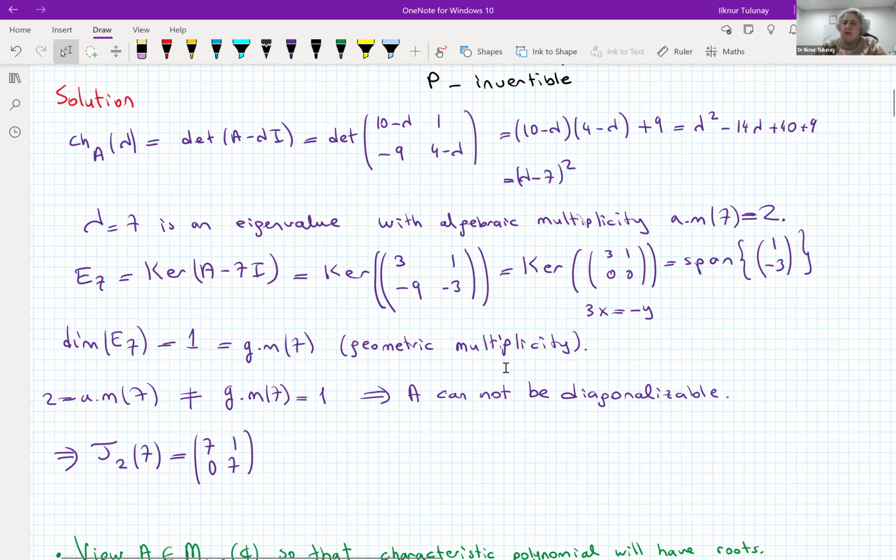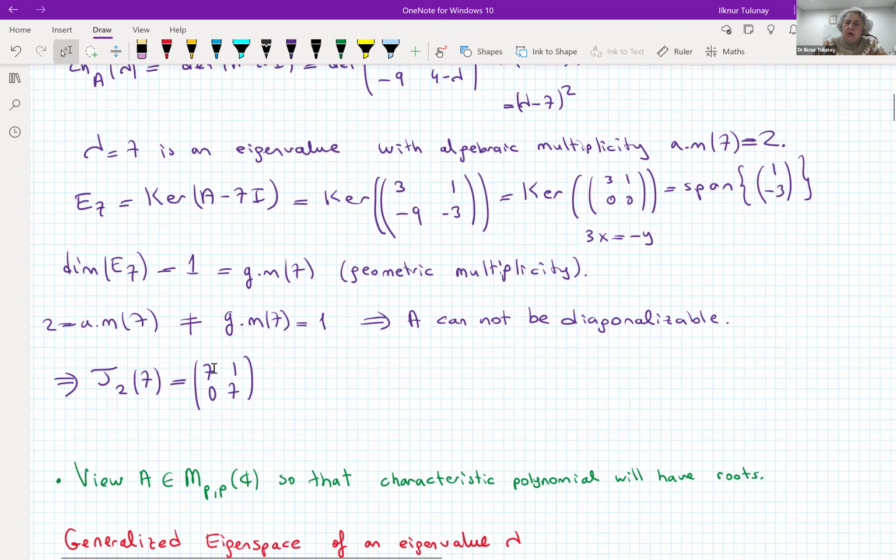With this situation, since we have algebraic multiplicity 2 and geometric multiplicity 1, it means that we have one Jordan block. That is, you have 7, 7 on the diagonal, and you have 1 here. This is the place that says that it cannot be diagonalized.